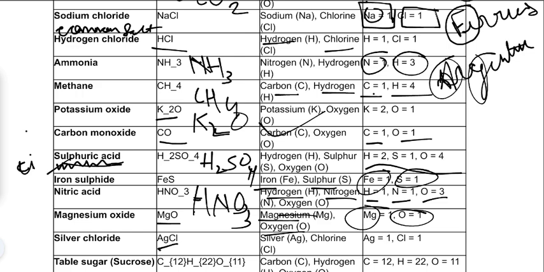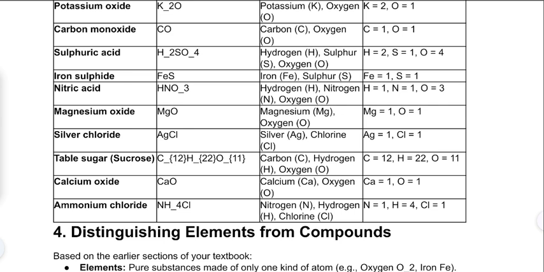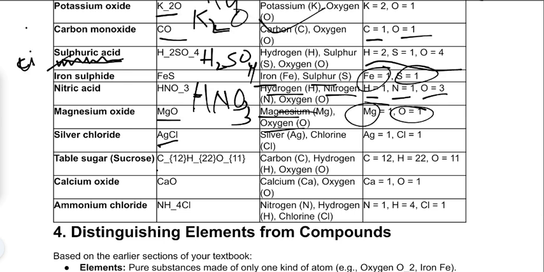Table sugar, which is sucrose. The chemical formula for it is C12H22O11. Again, that mistake is there. Here I am writing the correct one, C12H22O11.